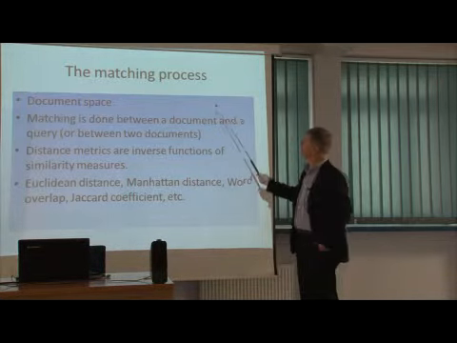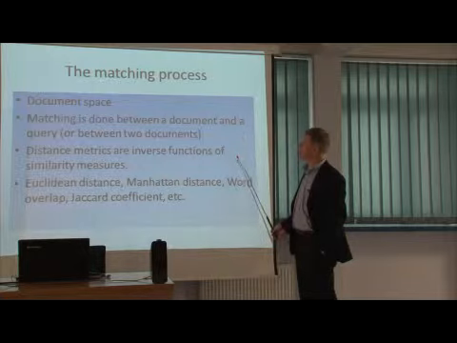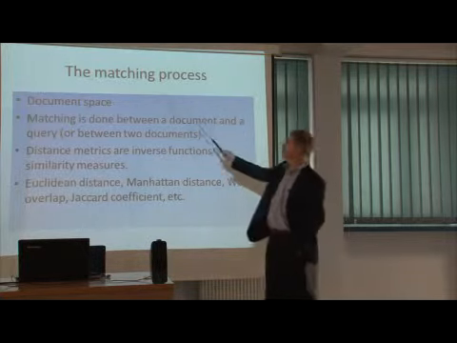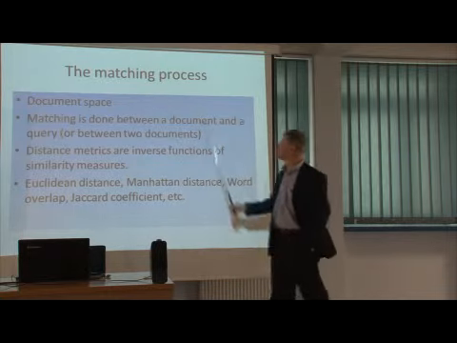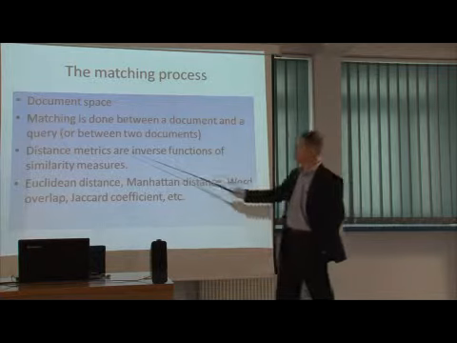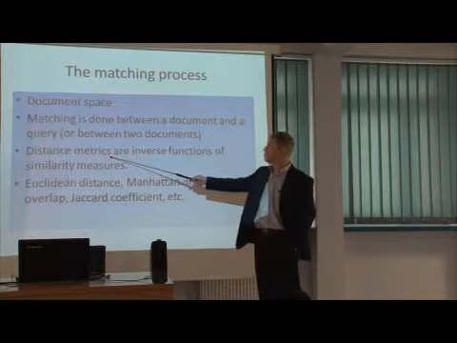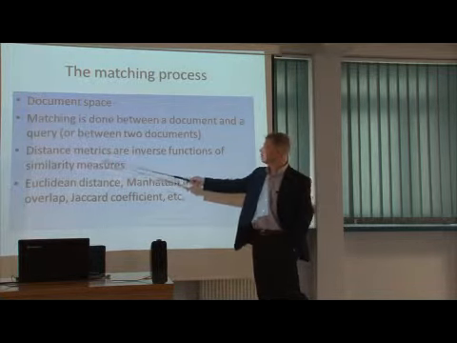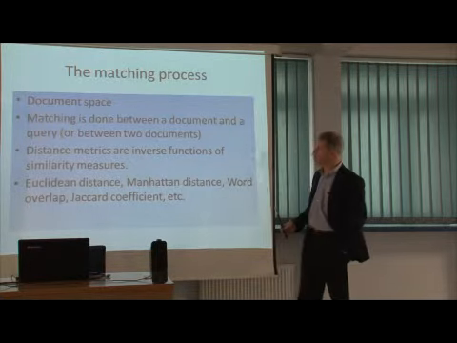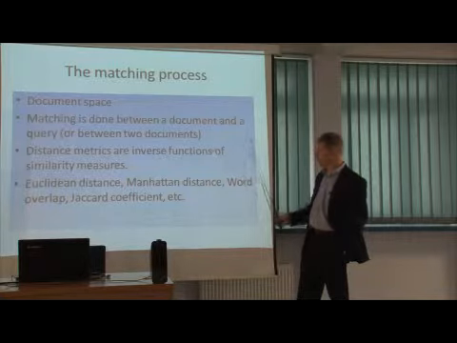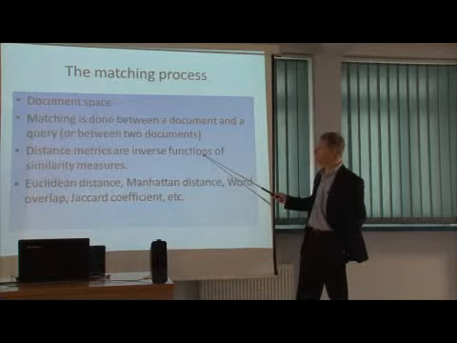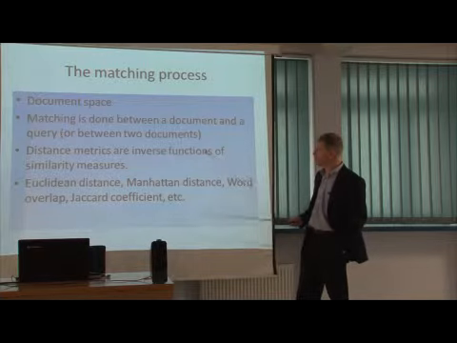All right, so this slide summarizes what we discussed so far. We have a document space. Matching is done between a document and a query. Distance metrics can be used for match, but distance and similarity are essentially inverses, and we can talk about it perhaps later when we discuss clustering.